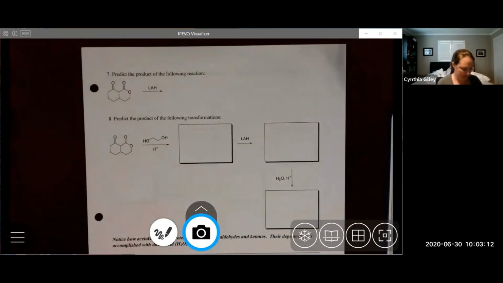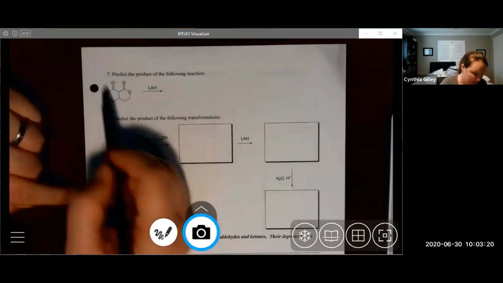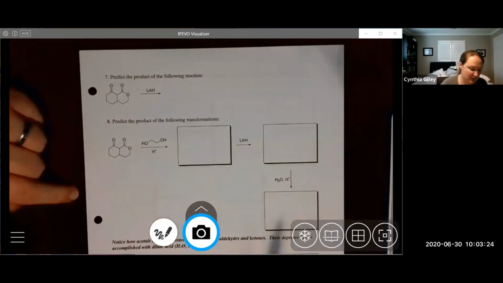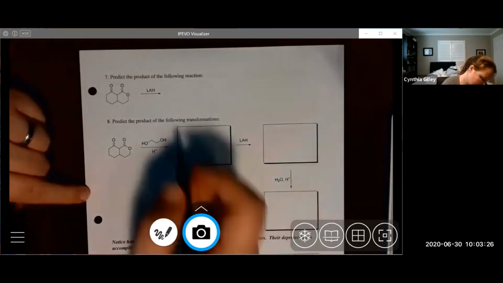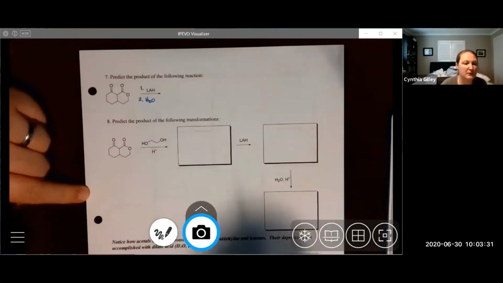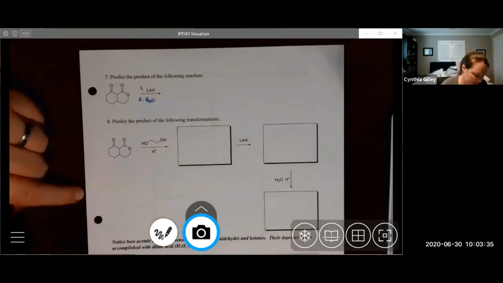Now we're going to do what amounts to a review reaction. We're treating a compound that has both a ketone and a cyclic ester with LAH. So there will presumably be some sort of proton source. Not mentioned there, but there would always be some sort of proton source.